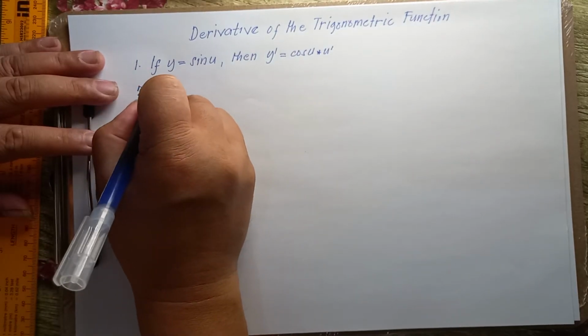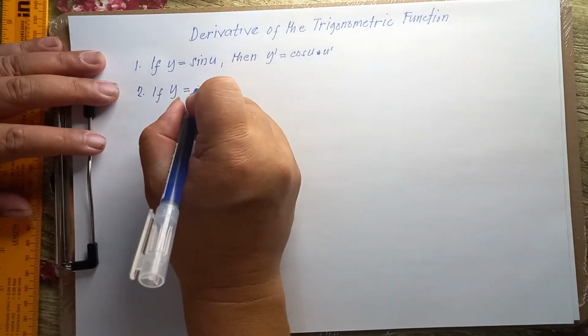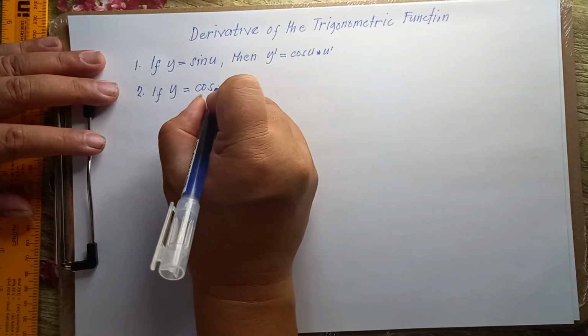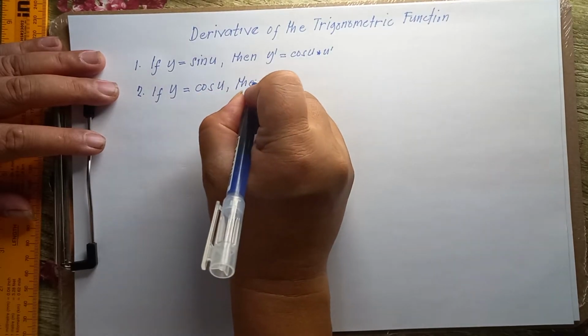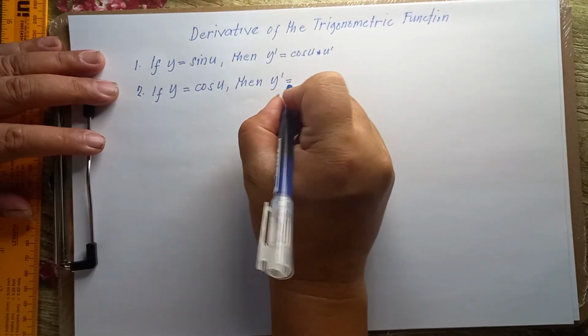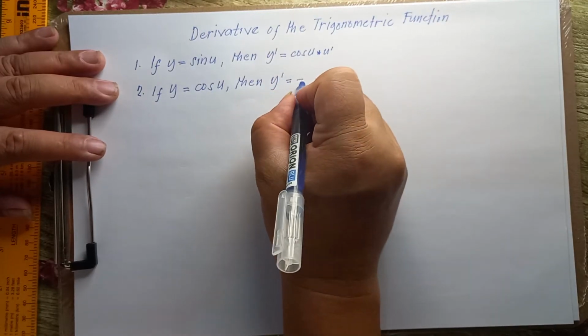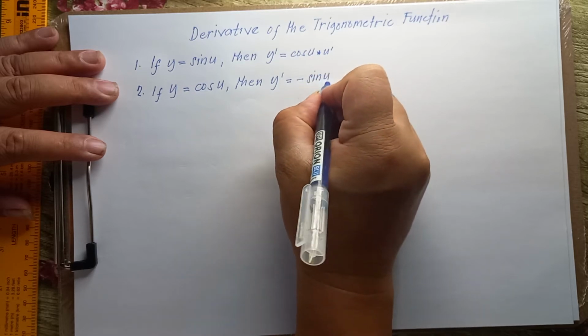So that is the same as in number 2. Okay? If your y is defined by cosine u, then your y prime, or derivative, is the same as negative sine u.